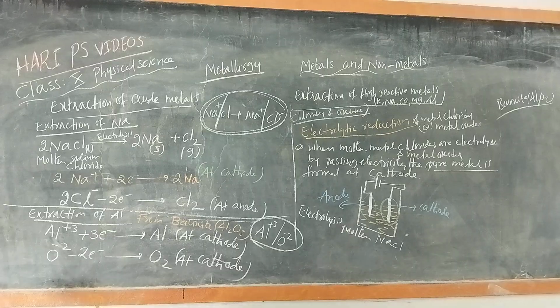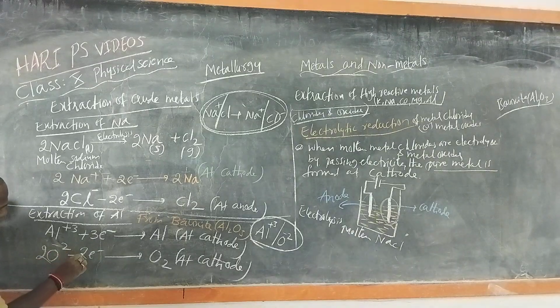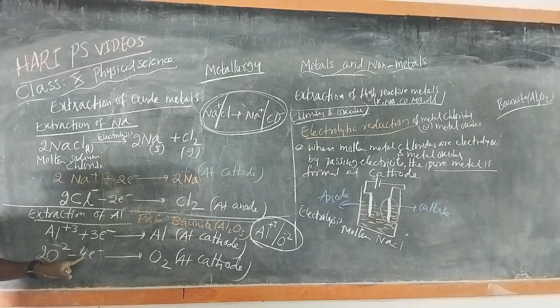Going to equation number 2, for 1 oxygen there are 2 electrons, so 2 oxygens give 4 electrons.